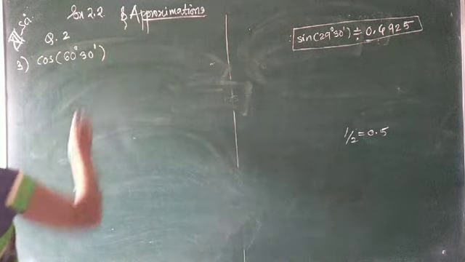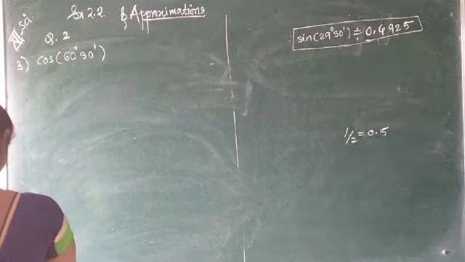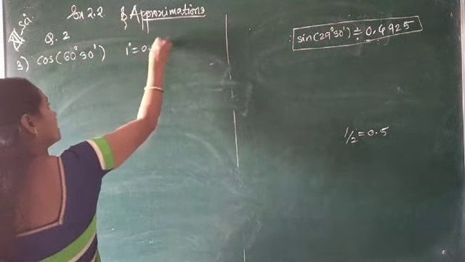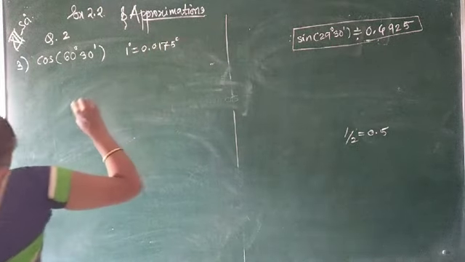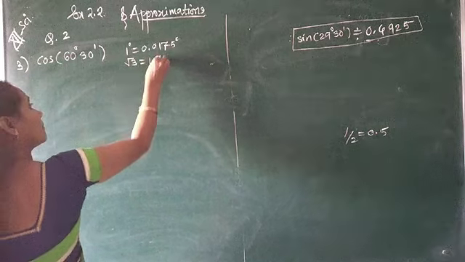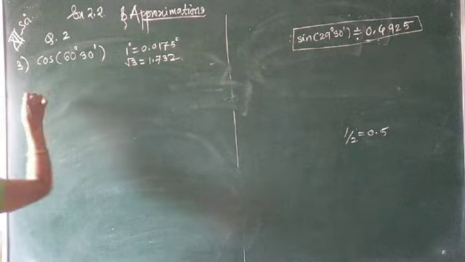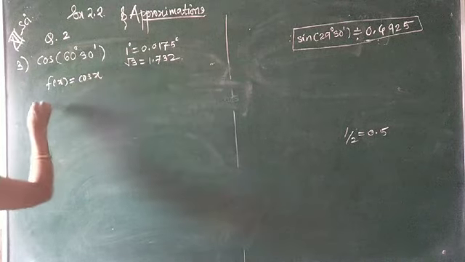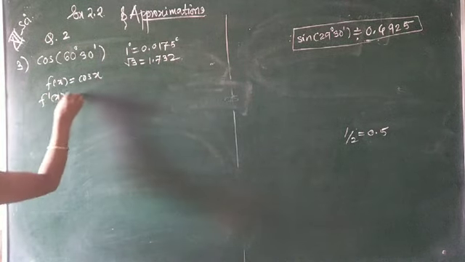What is given here? Given value of 1 degree is 0.0175 radian, and root 3 is 1.732. This value is given. Now the function is in the form of cos x. What is the derivative of cos? That is minus sin x.